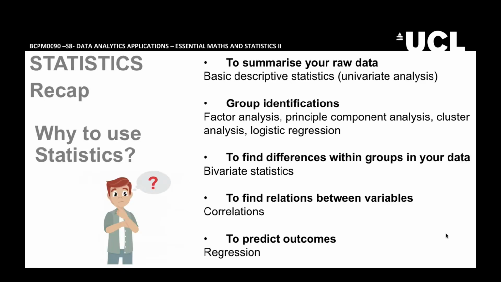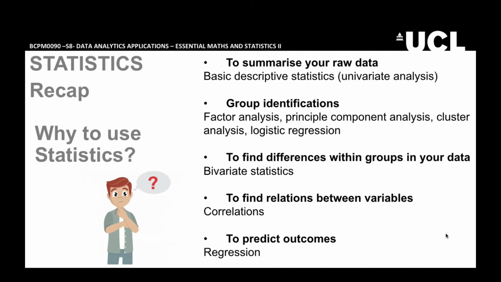First of all, I would like to recap the importance of statistics in data science. Basically, we can use statistics to summarize the raw data by using descriptive statistics, the univariate analysis, which are the statistical methods that we covered in our last session.